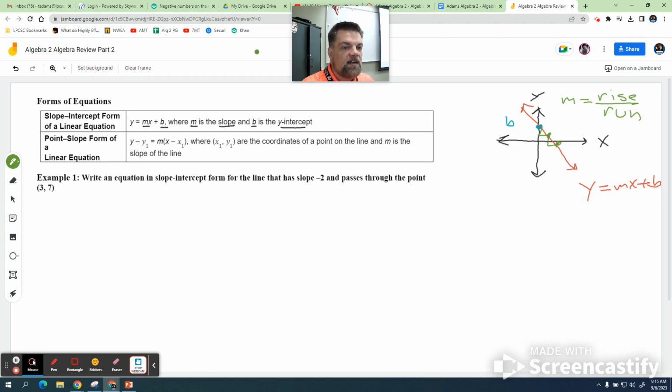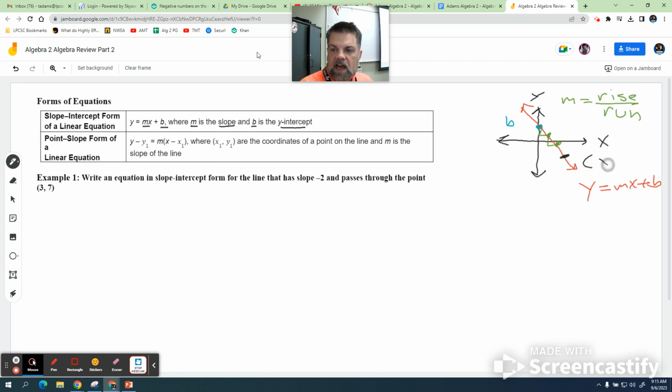Okay. Now we can also represent a linear function or linear equation with what we call the point slope form. And so what we're going to do is we say x sub 1, y sub 1, that's a point on the line. Now it doesn't matter which point it is.